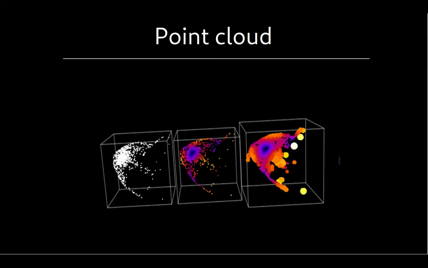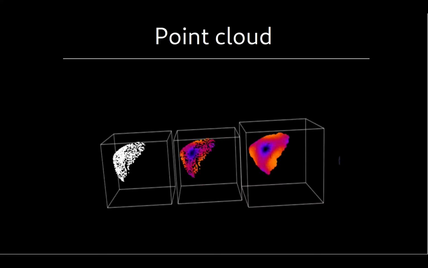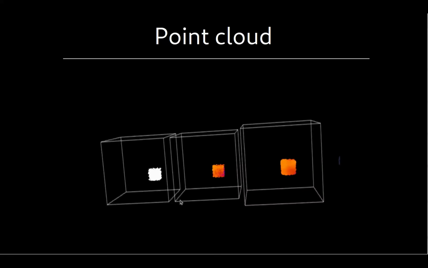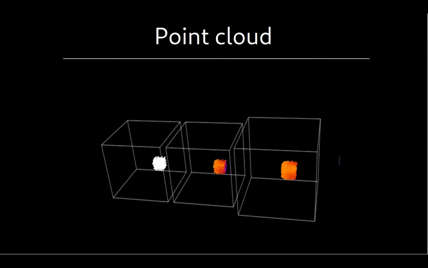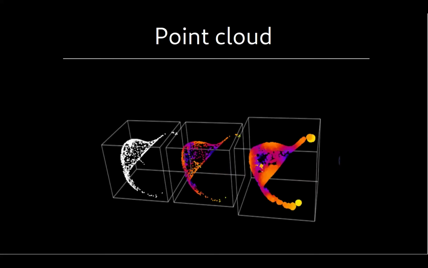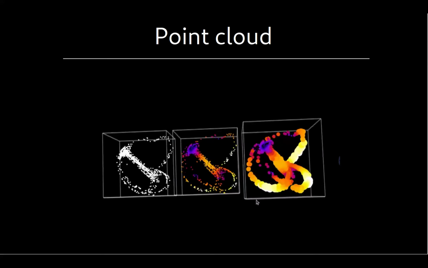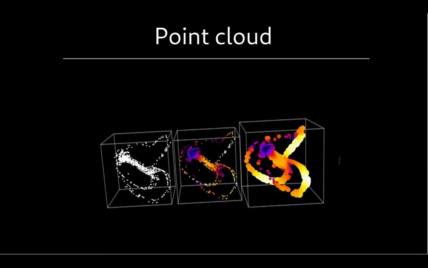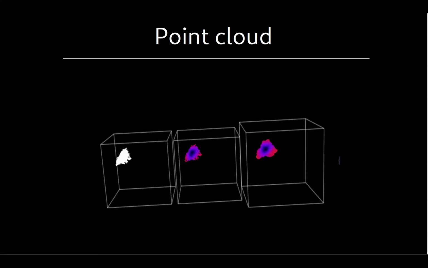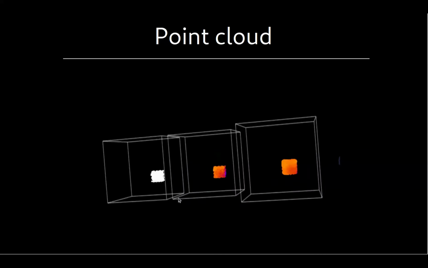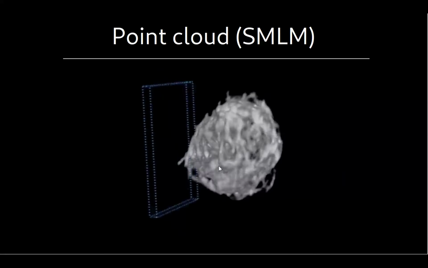So here the particles which move faster are labeled with a brighter shade of the color. And on the right, you can also map that value of the parameter not only to the speed, but also to the size of the particle. So it can be helpful for many applications. If you have some property, you can later remap it. And of course, you can use it also for single molecule acquisition.